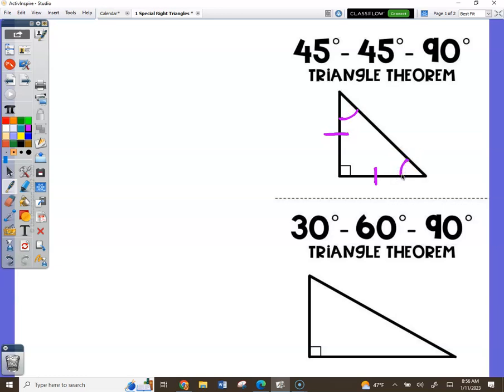Now in a 30, 60, 90 triangle, you don't have anything congruent. This is the long side, so that would come from the larger angle. This is the short side, so it would come from the smaller angle, and of course you have the hypotenuse. So the way you label this is your hypotenuse, this is your short side, and this is your long side.